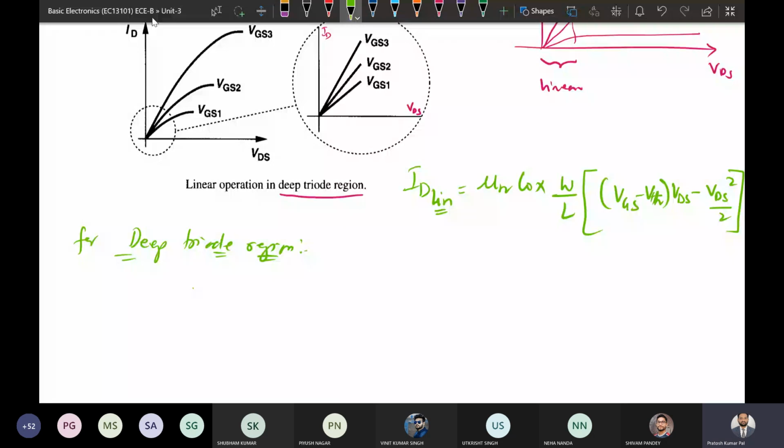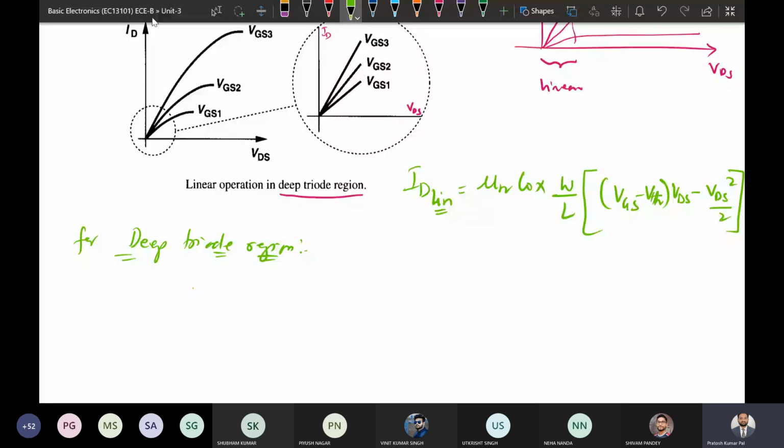So for deep triode region, VDS should be less than 2 times VGS minus VT. That means this is 2 times VGS minus VT, and the VDS that is there is even less than this value.